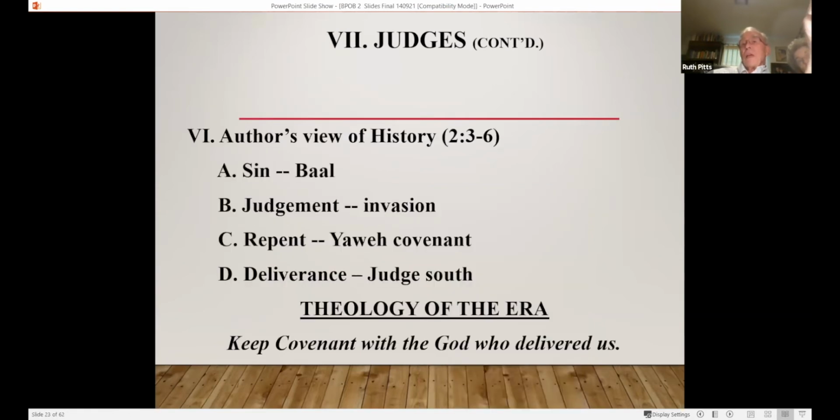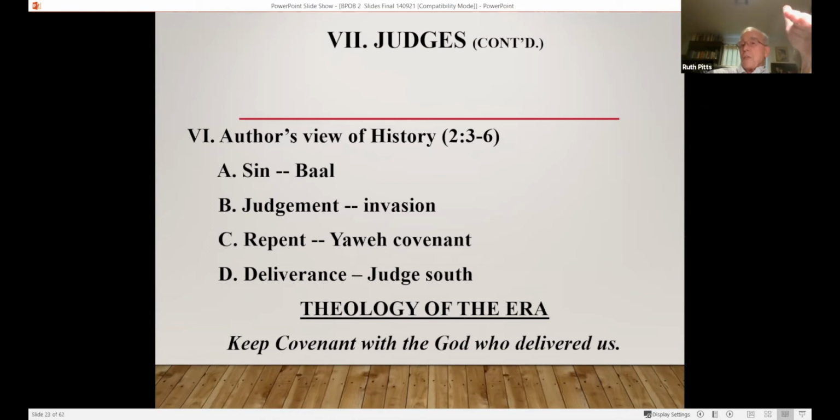Now, if you look at the book of Judges in chapter 2, you will find a kind of summary of how these folks understood history. People sin, they go off and worship Baal. Then the judgment of God comes in form of an invasion from one of these enemies.